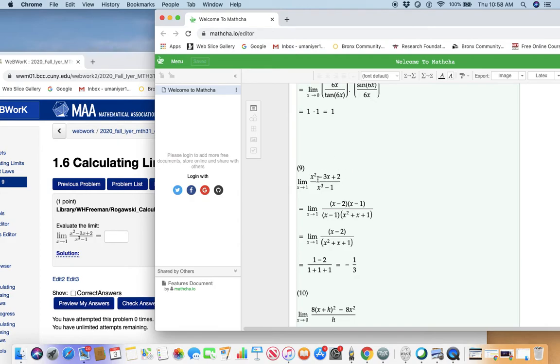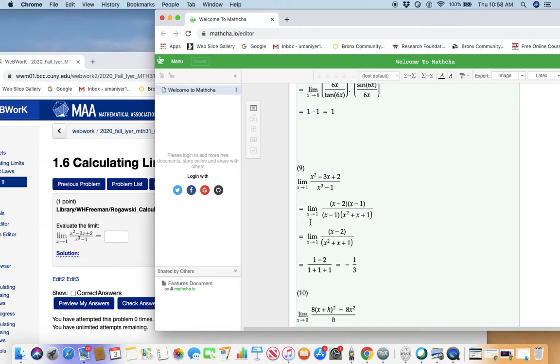So you know you need to simplify this somehow. Fortunately, this is an easy one. The numerator factors: (x minus 2)(x minus 1). Denominator also factors: (x minus 1) and whatever is left over, x squared plus x plus 1.